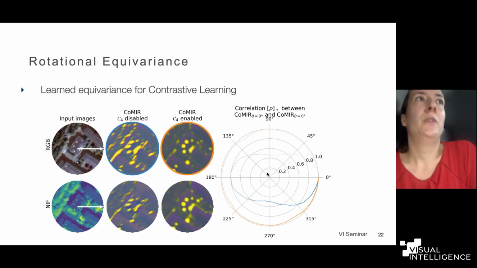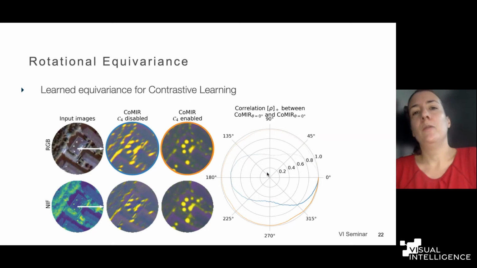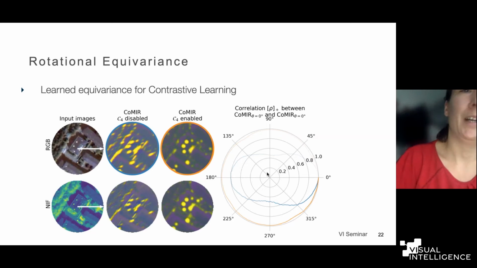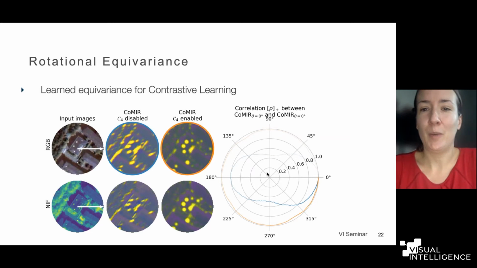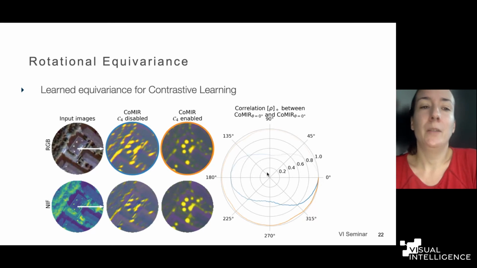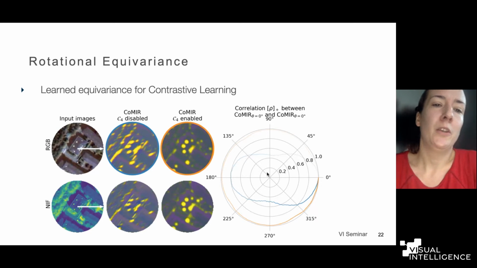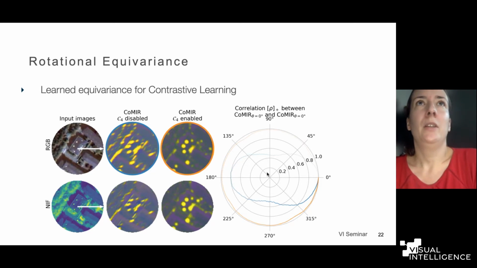Initially, we have only considered 90-degree rotations for the simple fact that we didn't want to deal with the interpolation of the feature maps. And we were actually really happy to see that that together with the data augmentation that we had in the training, it would actually lead to equivariant representations for any degree, basically.